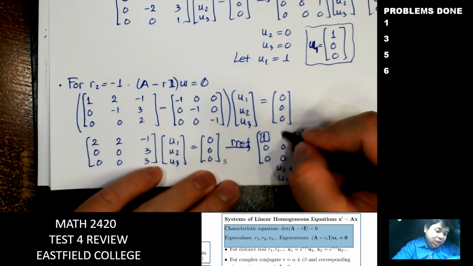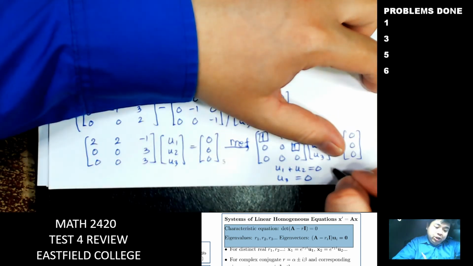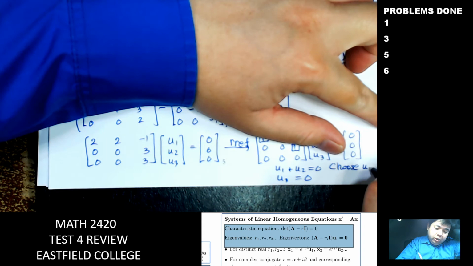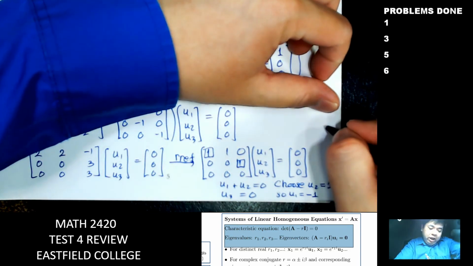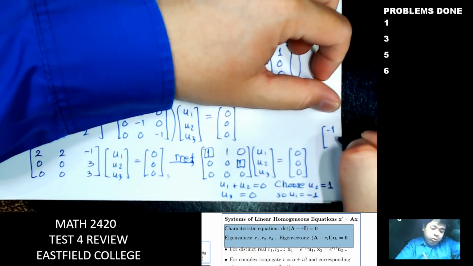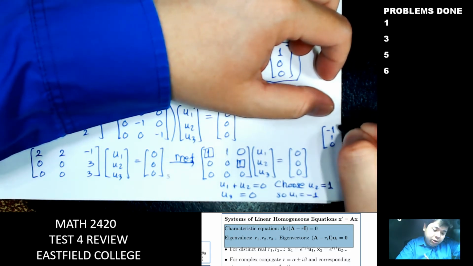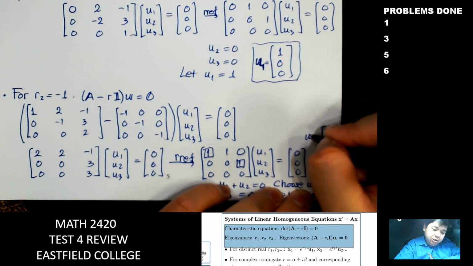The only thing we can choose is for the second column, or U2. So we choose U2 equal to 1. So U1 is -1. So bottom line is we have the vector -1, 1, and 0. So that is the eigenvector U2.